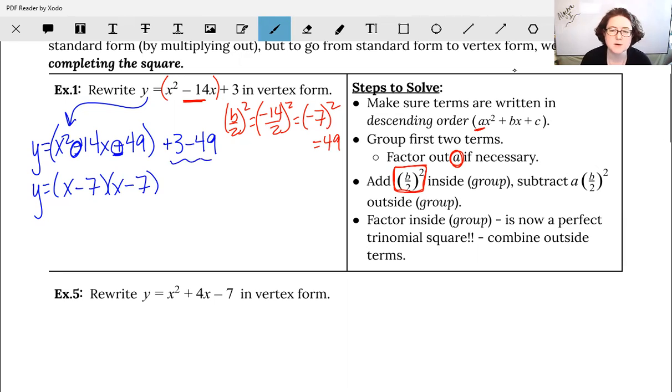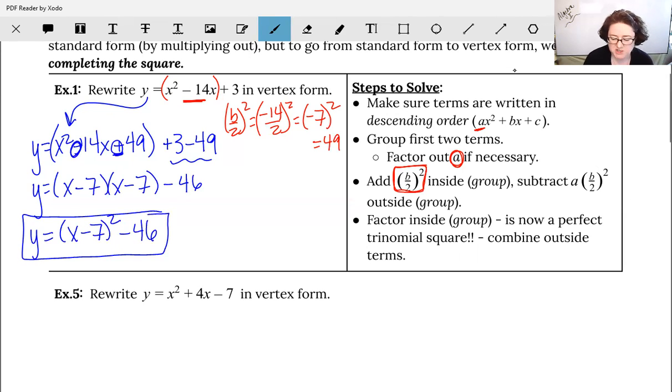I can combine my like terms: positive 3 minus 49 gives me negative 46. We have (x - 7) and (x - 7), so I can rewrite that as (x - 7) squared - 46.